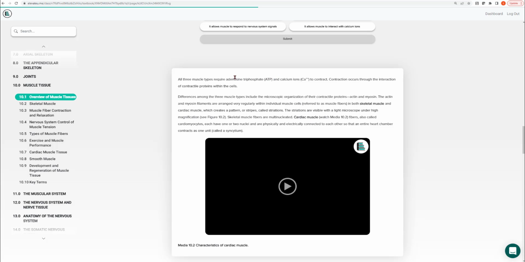Know this as well. All muscles require ATP. All muscles require energy. And all muscles require calcium to contract. If I say calcium, I hope that you're immediately thinking, oh yeah, skeletal system. The skeletal system stores that calcium, and that calcium is released into the blood through the action of osteoclast cells.